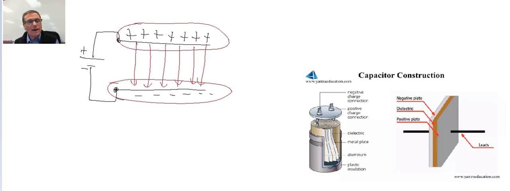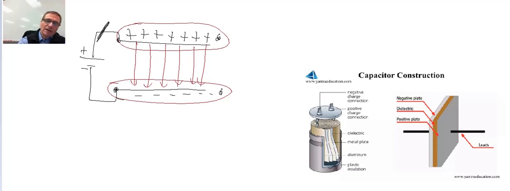Well, what would happen if I were to disconnect this all of a sudden? I just pulled the wire out, or I cut the wire, whatever the case might be. What would I have? Well, I would still have a plate with positive charge at the top and negative charge at the bottom.